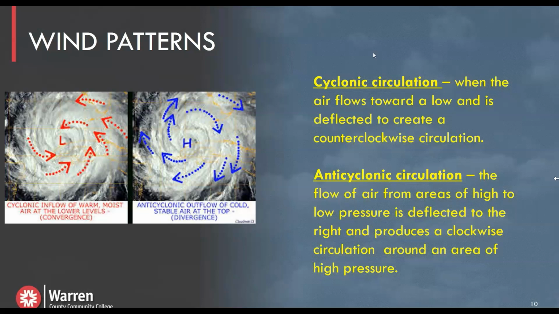So cyclonic circulation is when the air flows toward a low and is deflected to create counterclockwise circulation. Anticyclonic, the opposite. The flow of air from areas of high to low pressure is deflected to the right and produces a clockwise circulation around an area of high pressure.